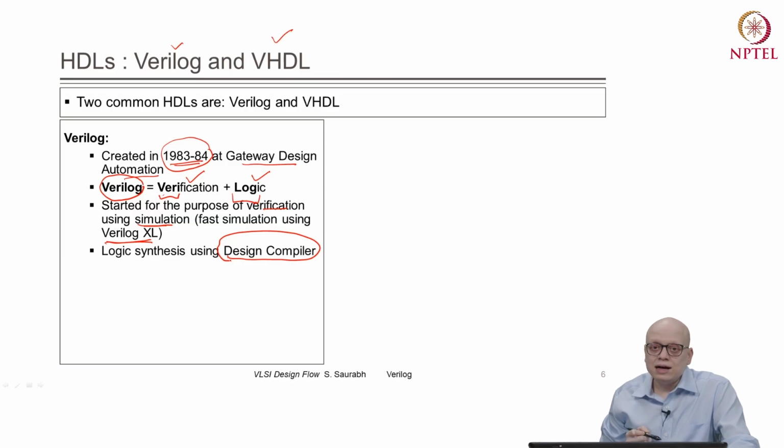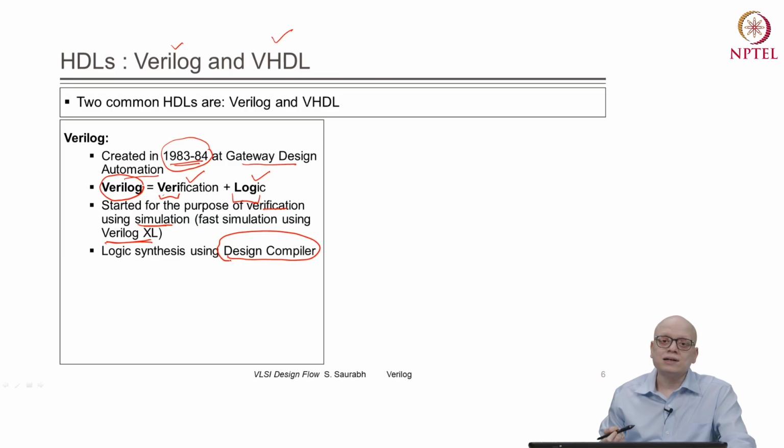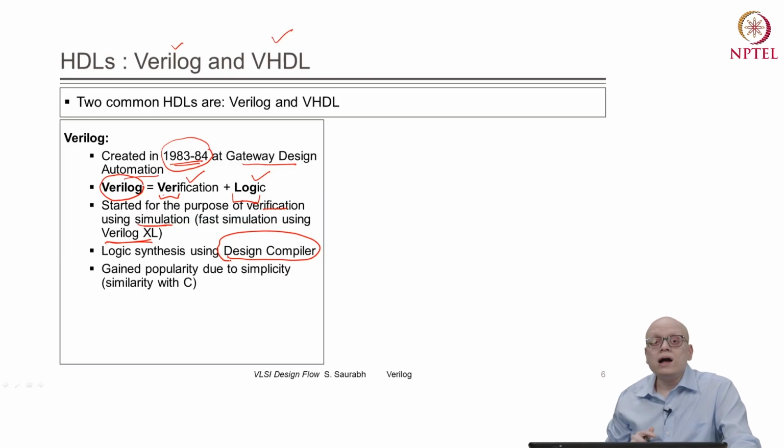The concept of using a hardware description language to model a circuit and then automatically transforming that HDL model to a logic netlist was new at that time, and it was efficiently done by this tool, Design Compiler, and this made Verilog further popular. Another reason why Verilog became popular was its simplicity, in terms of syntax and semantics, as we will see in today's lecture.